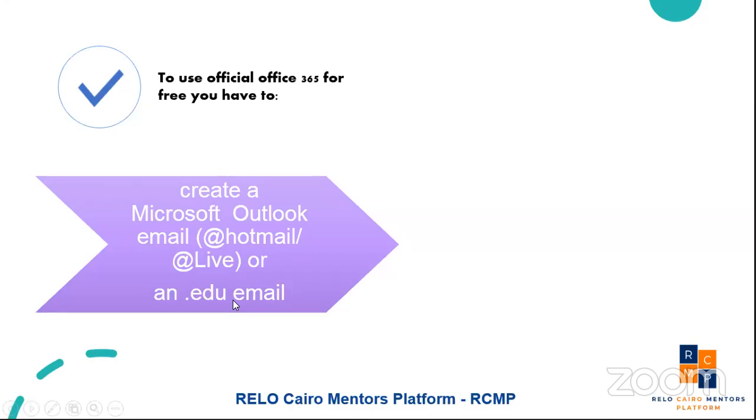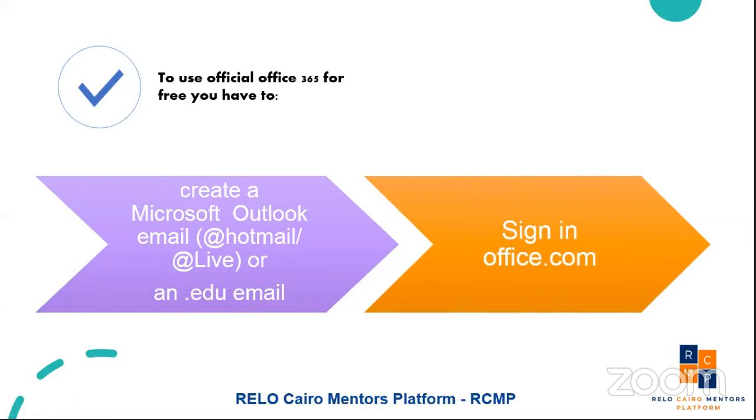So if you are a teacher or student who belongs to an institute like the AUC or some schools which give you an educational email, you can create an education office account.